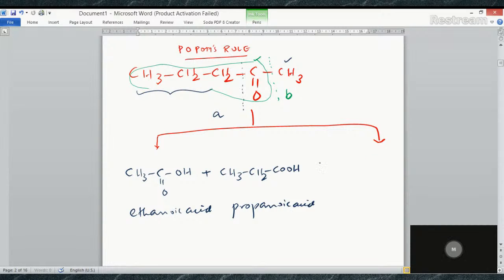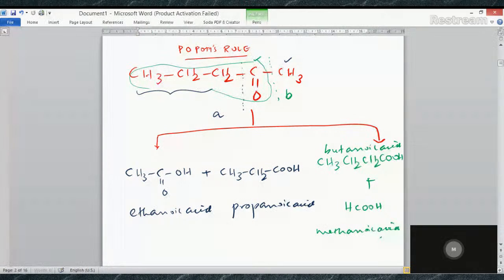So due to that, we can have product number 1, CH3CH2CH2COOH, and the other will be HCOOH. This system contains 4 carbon atoms, so this is called butanoic acid. And on the other side, the compound has only 1 carbon atom, so you can call it methanoic acid.